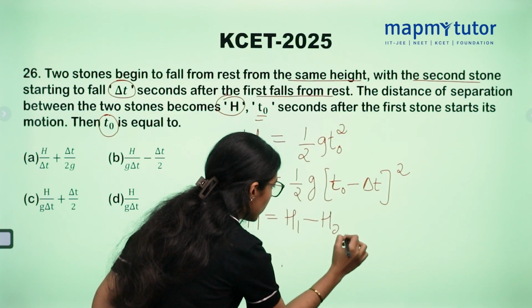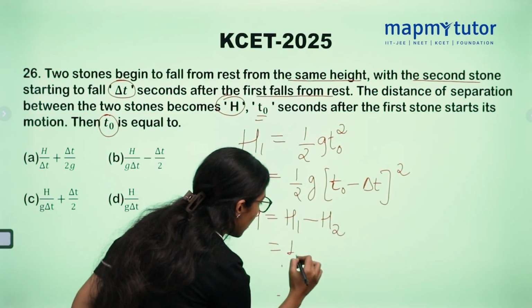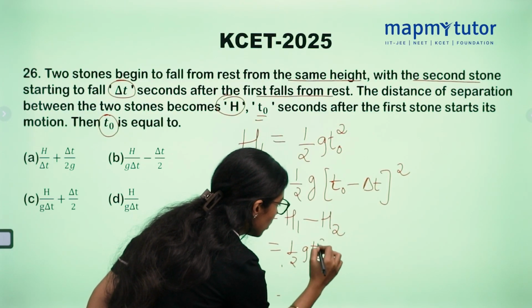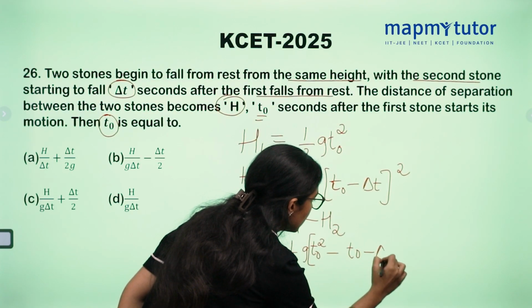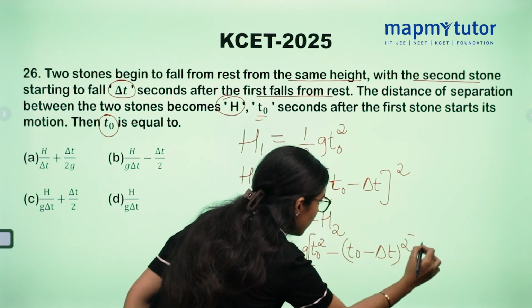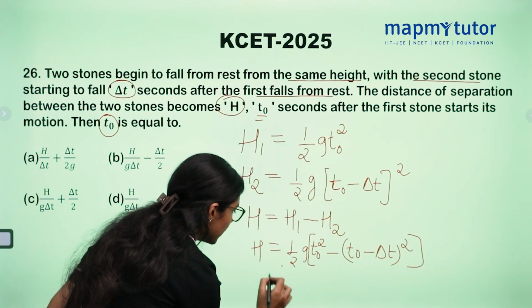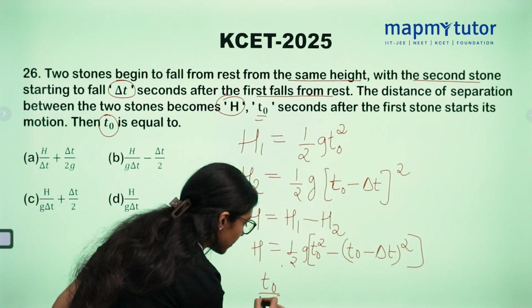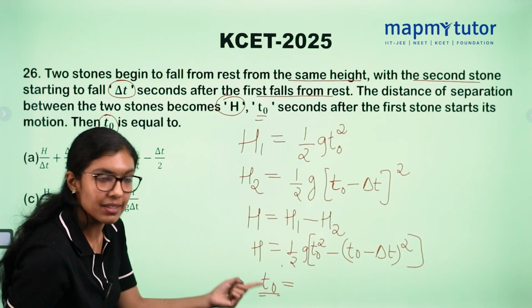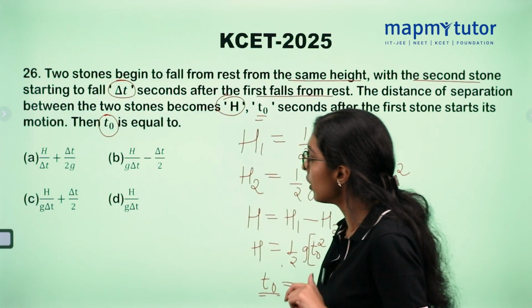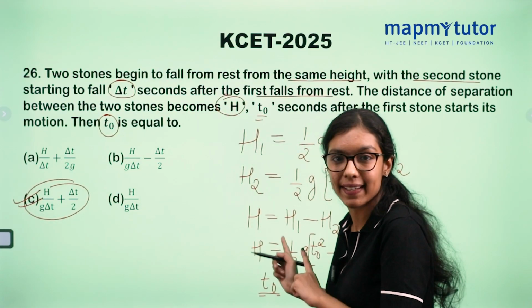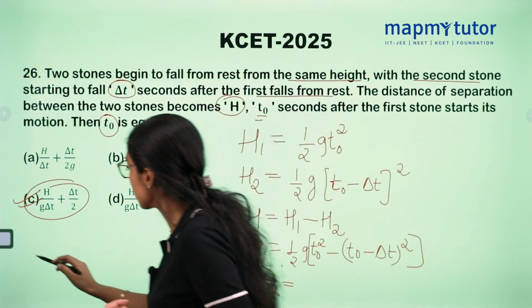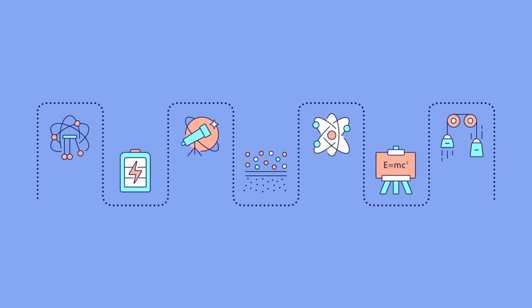Subtracting this, you will get half g [t naught square minus (t naught minus delta t) whole square]. From here, you can find out your t naught. Now again, I'm not doing the basic mathematics here. You will find your answer in option C. If you still have any doubt in the calculation, do write it in the comment section. I will reply to it.